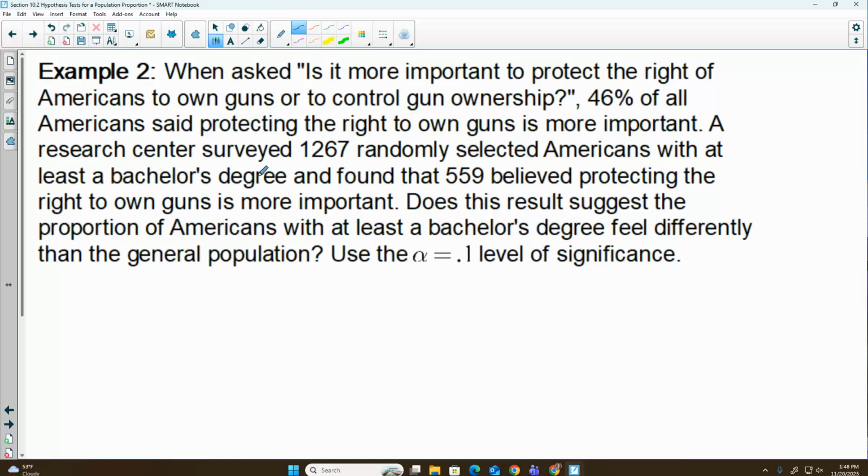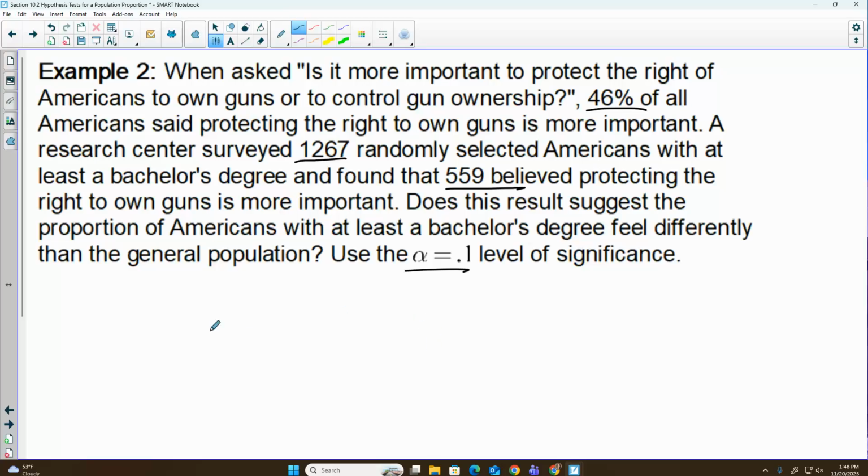A research center surveyed 1,267 randomly selected Americans with at least a bachelor's degree and found that 559 believed the right to own guns was more important. Does this result suggest the proportion of Americans with at least a bachelor's degree feel differently than the general population? Use alpha equals 0.1.